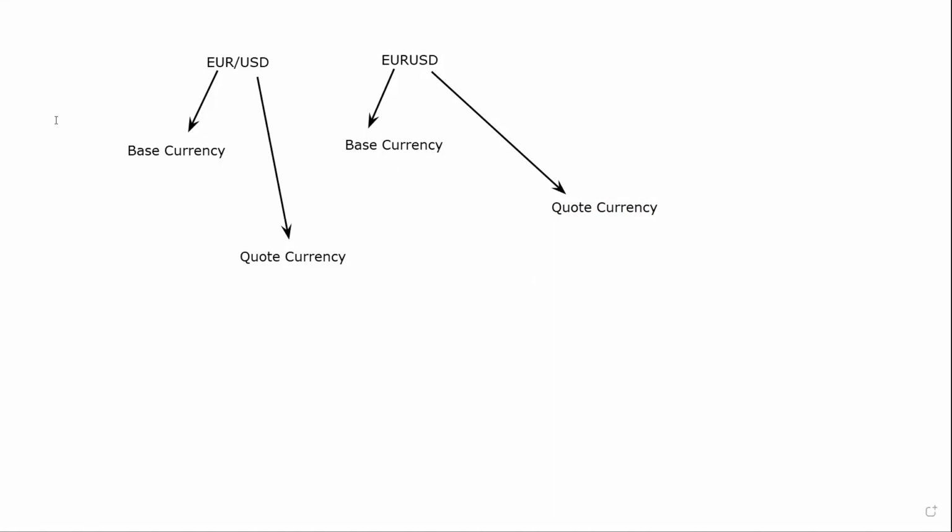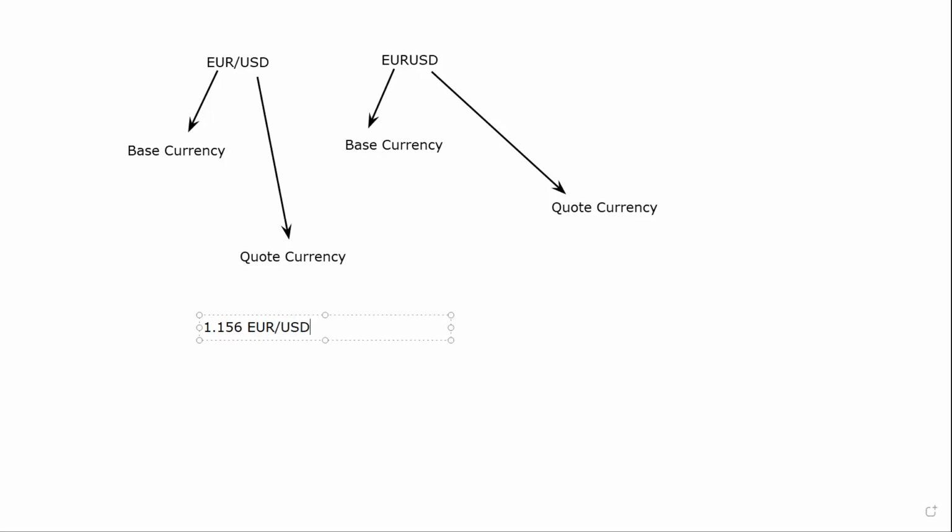Now, once you have a euro dollar exchange rate, for example, let me give you an example here. The value of the euro US dollar exchange rate is 1.156. Okay, so this is the value of the euro US dollar exchange rate.